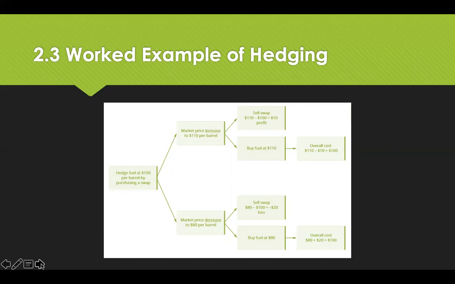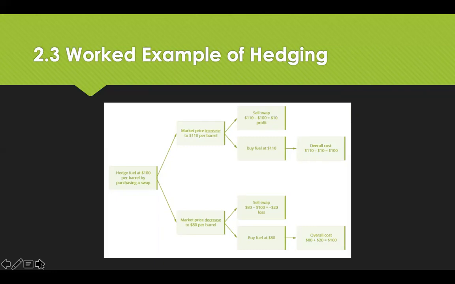However, the net effect of the purchase will cost the buyer $100 in total, but it might be made up of multiple elements, i.e. the higher price paid to the supplier, but with compensation paying out from a swap, or a lower price paid to the supplier and a payment for a swap that didn't pay out.